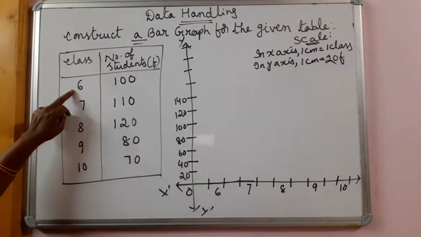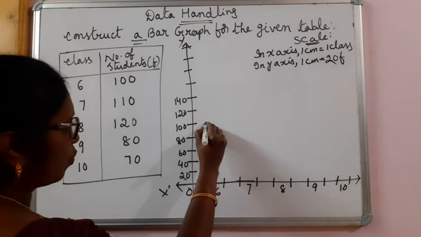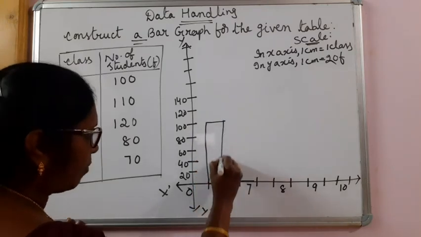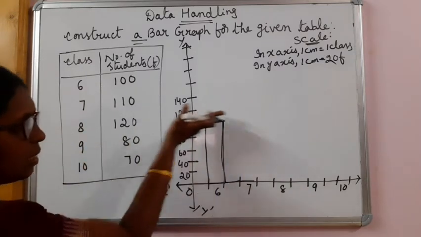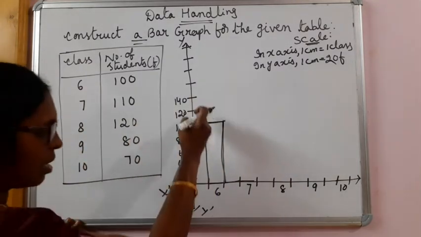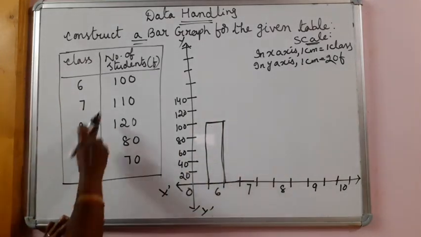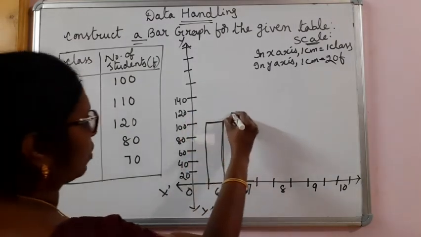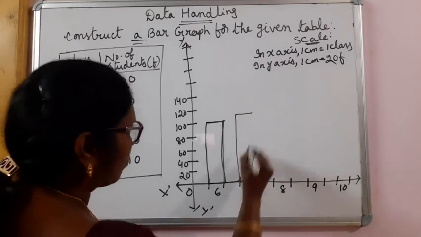Now class 6 has 100 students, 100 is here. Using a scale and pencil, draw the bar: a horizontal line in line with the 100 mark, then draw the vertical lines for class 6. Class 7 is 110, which is between 100 and 120, so more or less we get like this.